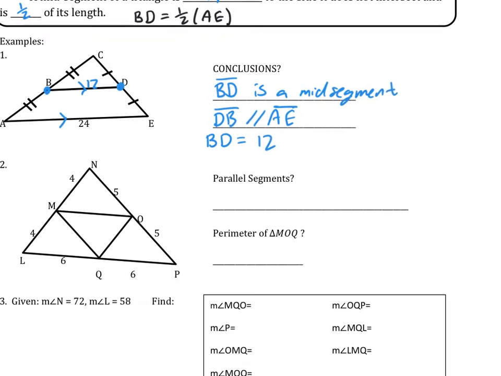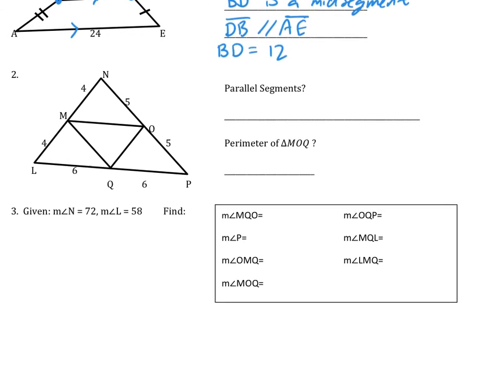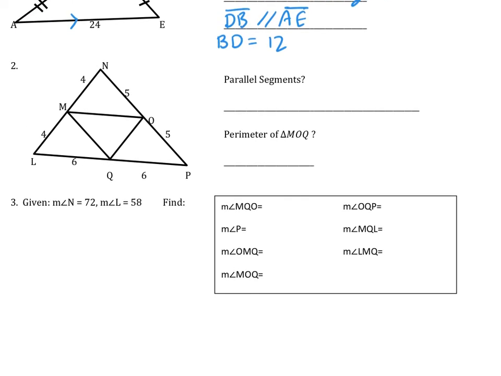So let's take a look at another example here. We're looking at listing our parallel segments in this triangle. Our first set of parallel segments: MO is parallel to LP, the other side of the triangle. Then NP is parallel to MQ.